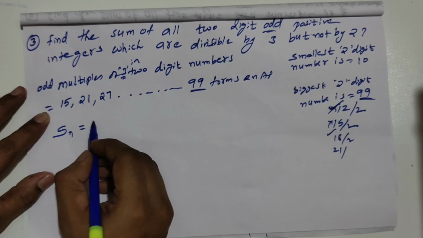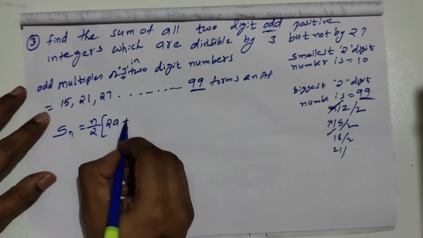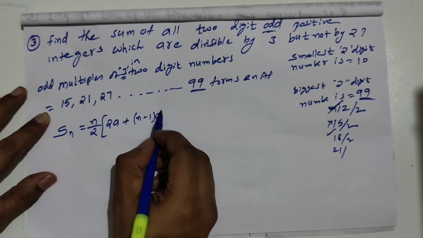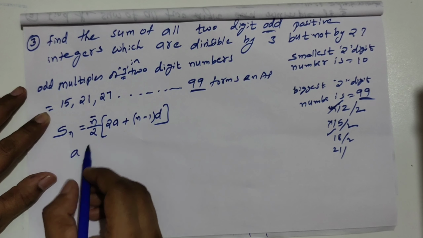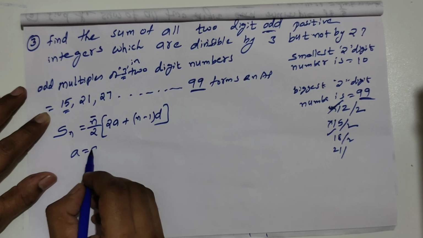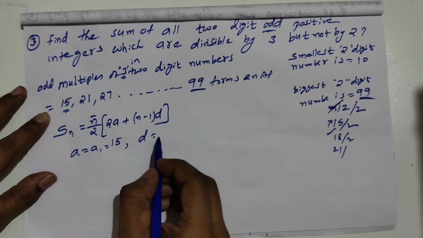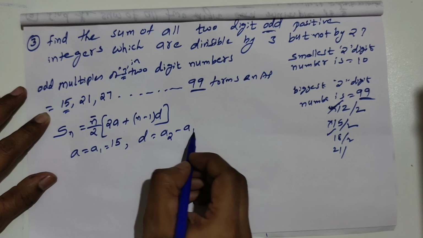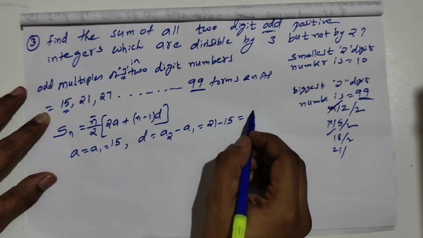Now we can find S_n = n/2 [2a + (n - 1)d]. Here also we need to get the n value. So we have here the value 15, that is the first term, always taken as a, and d is the common difference, that is 21 minus 15, simply write 6.